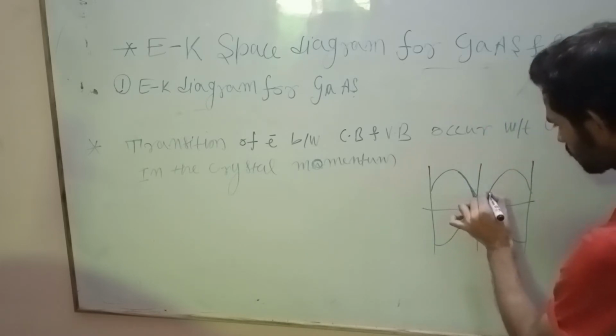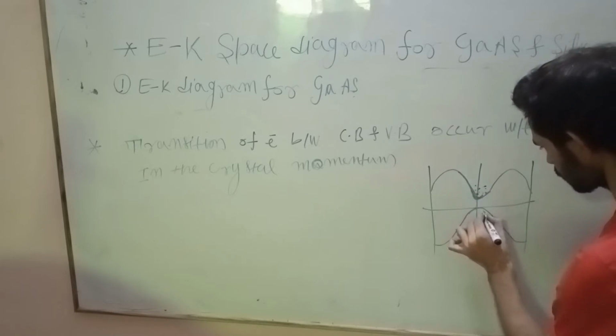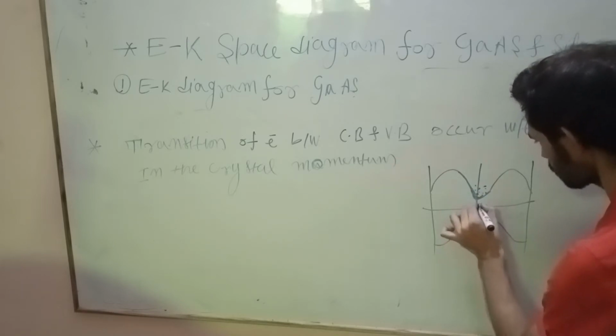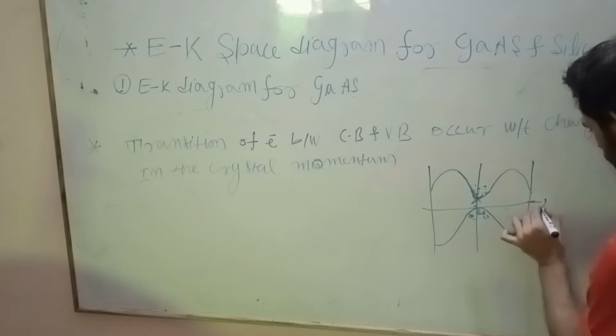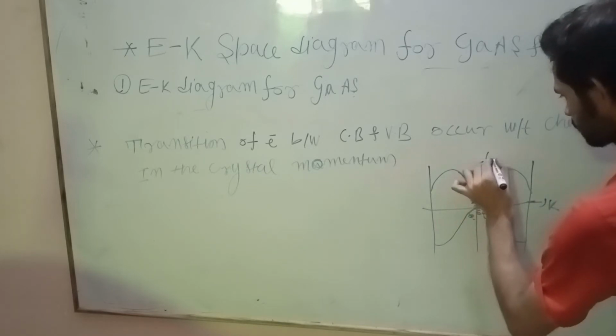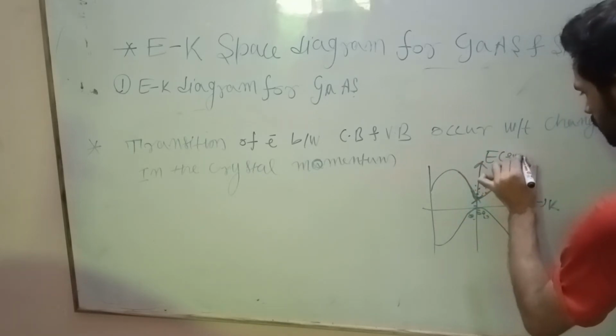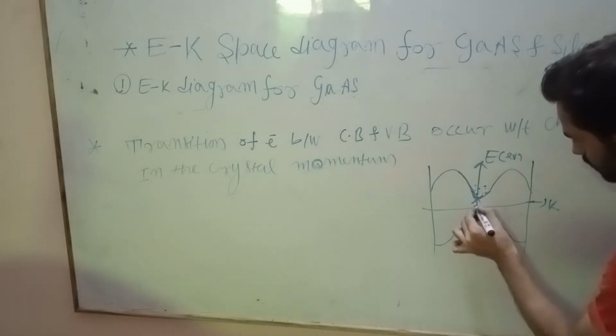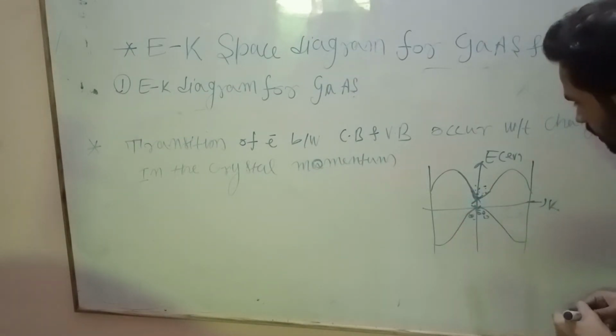Momentum is conserved. So these are electrons, and these are holes. If you see here, momentum is conserved, because they are both direct nature.